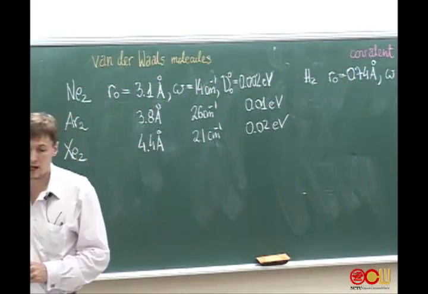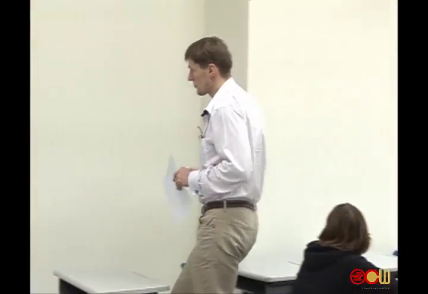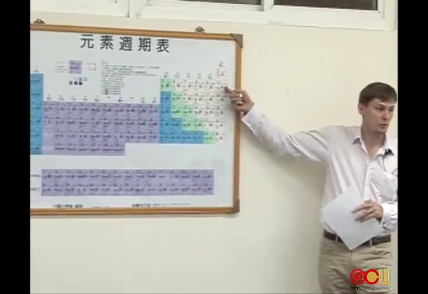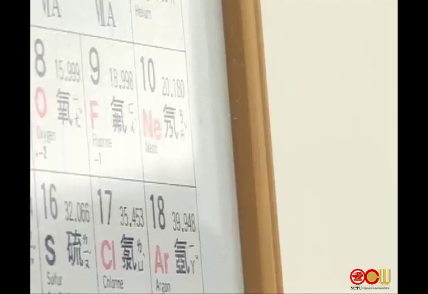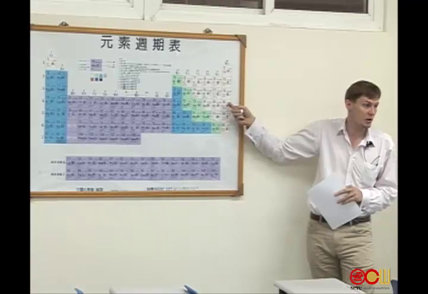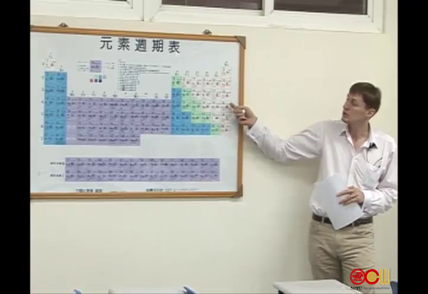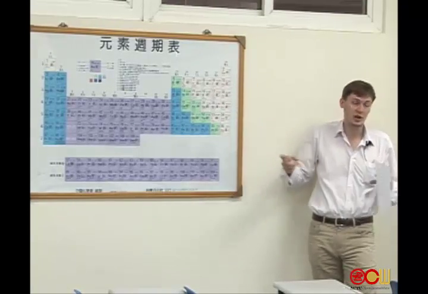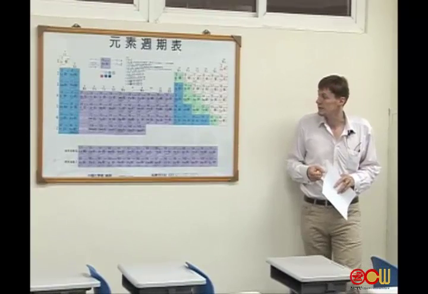What I did, we just analyzed 2 neon atoms, 2 argon atoms, and 2 krypton atoms. All of them are closed shell molecules. Closed shell atoms. So 2 closed shell atoms give together the van der Waals.